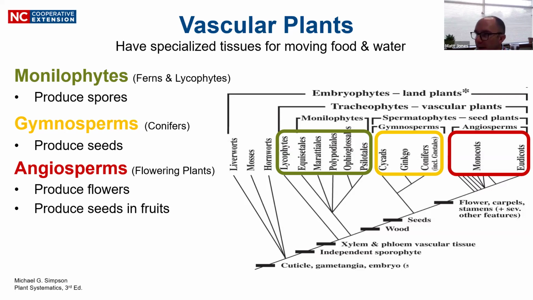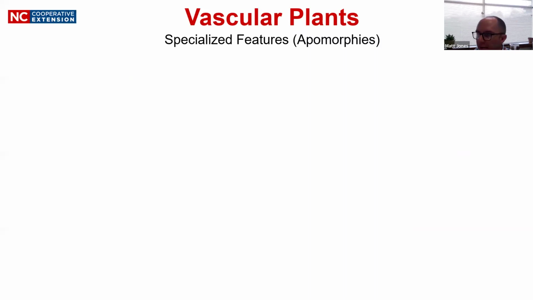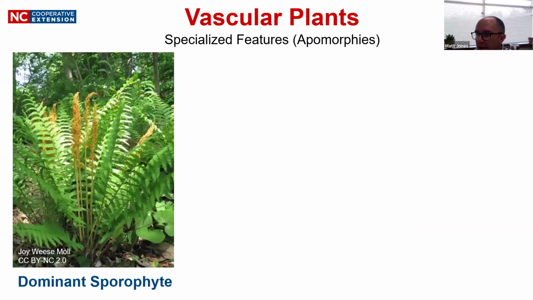In vascular plants, the main body that is dominant in the life cycle is called the sporophyte. They have a much smaller phase of their life that produces the gametes. Mainly what you see is the phase of the plant that produces spores, not gametes.